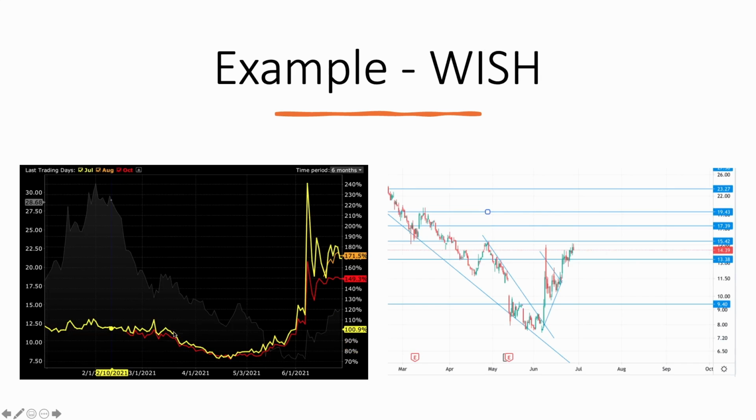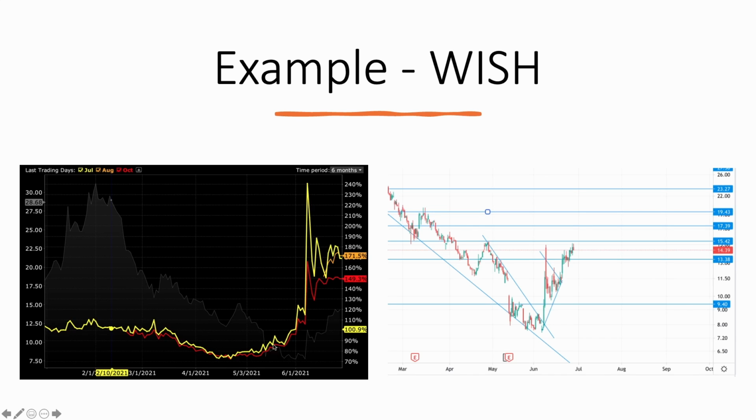We can see a similar story with Wish, and here is the very interesting part. You can see this black line here is the price of the stock. We can see that implied volatility was moving higher, but the price remained flat. And this is a huge bullish divergence.